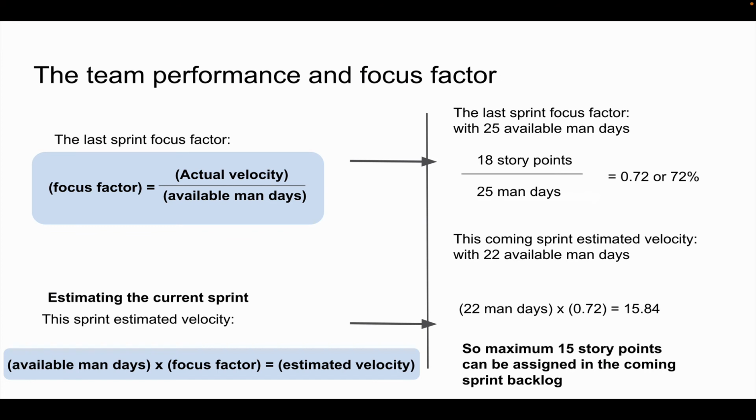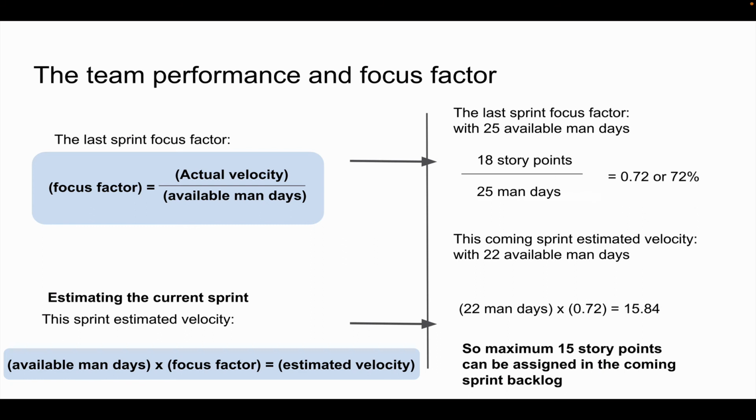Now, the team performance and focus factor is used to work around the point system that comes out of the Scrum Poker, the estimation with the points, which is then given by the velocity.